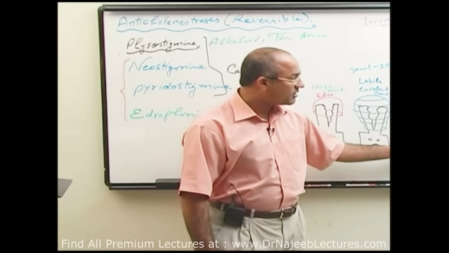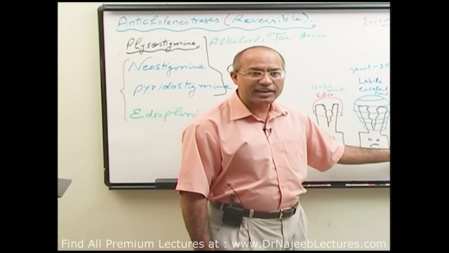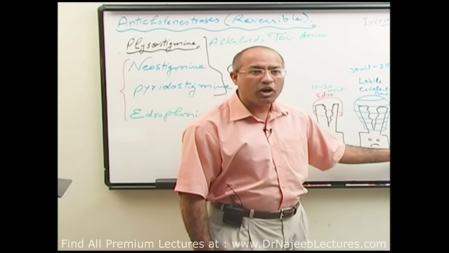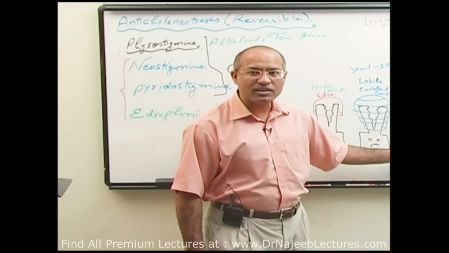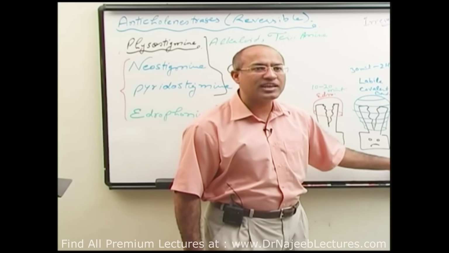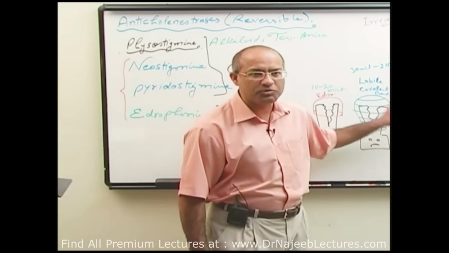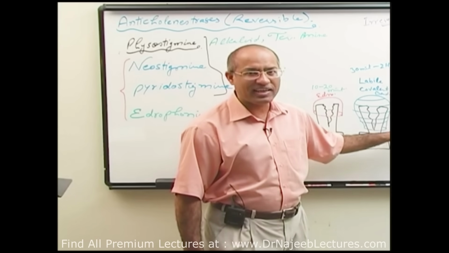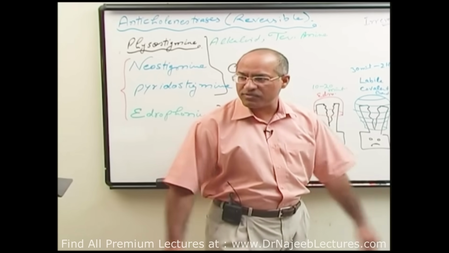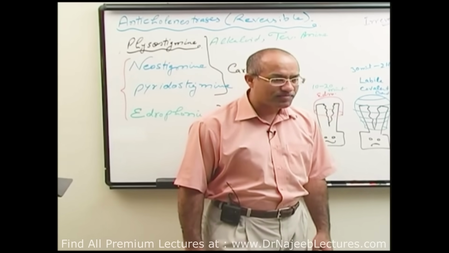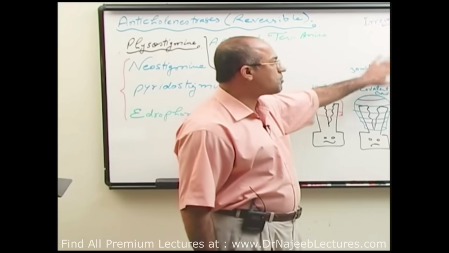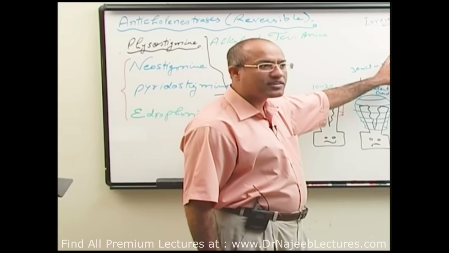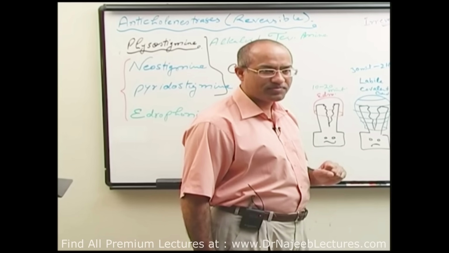But if due to some reason diagnosis could not be made in time, or you have not given pralidoxime before the aging process and aging has been done, then pralidoxime cannot work as a very effective antidote.